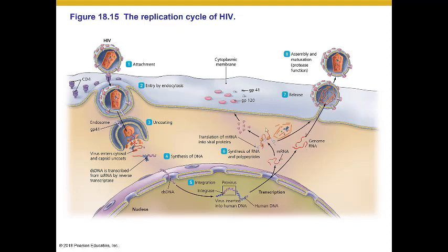And now that cell can make viral proteins, including more GP120 and GP41. So the viral RNA and the viral proteins find each other and collect, but don't assemble yet into a virus. Everything gets released, taking envelope with it, and then through the function of a viral enzyme called protease, assembly occurs.